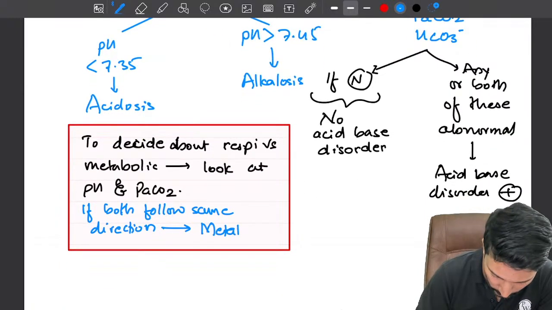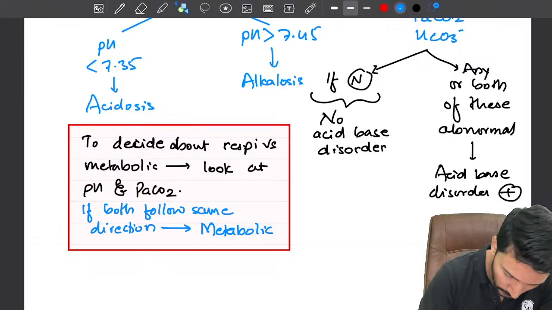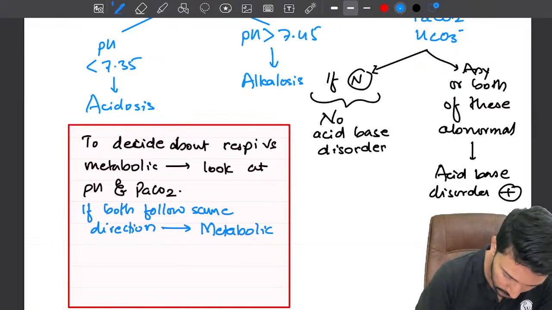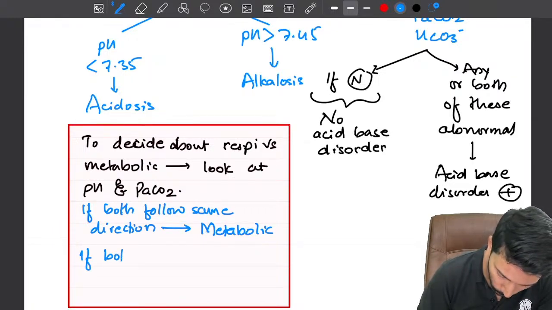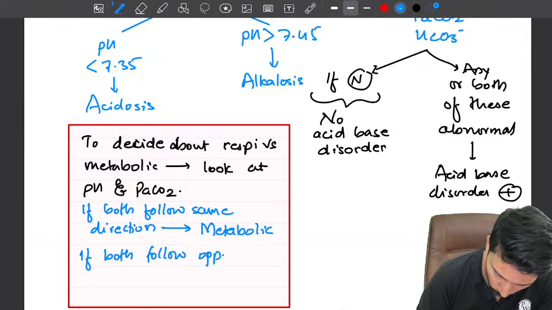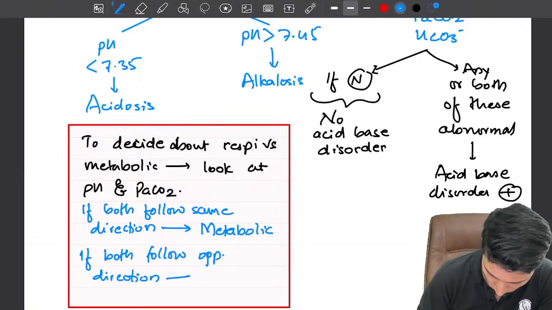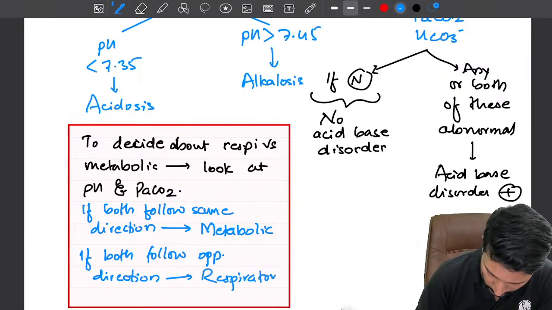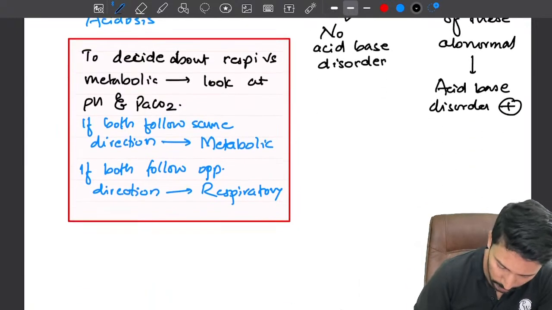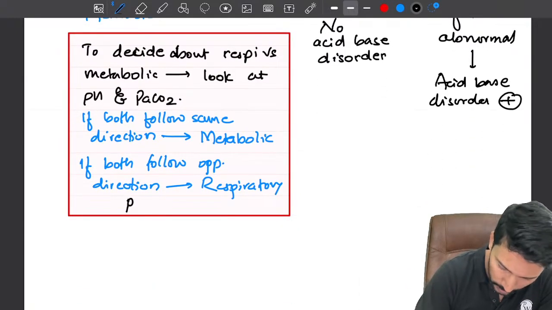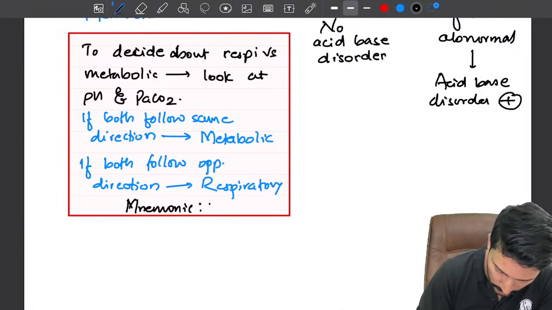I will explain what it is, right? Then it is metabolic. If both follow opposite direction, then the abnormality is respiratory, right? So it's a very simple way to remember it. There is a mnemonic for it called ROME. Mnemonic is ROME.